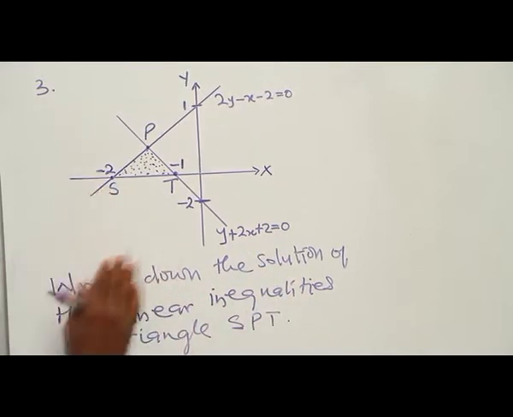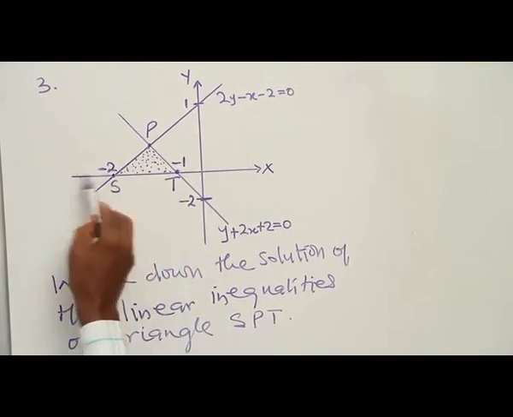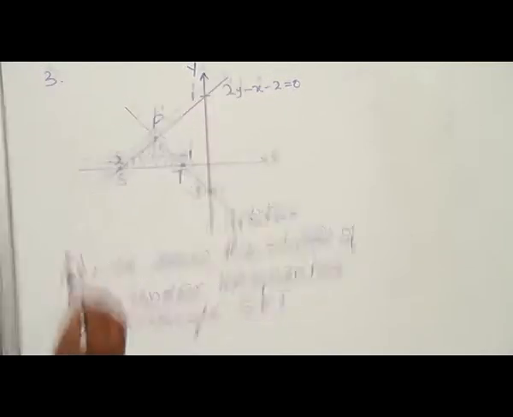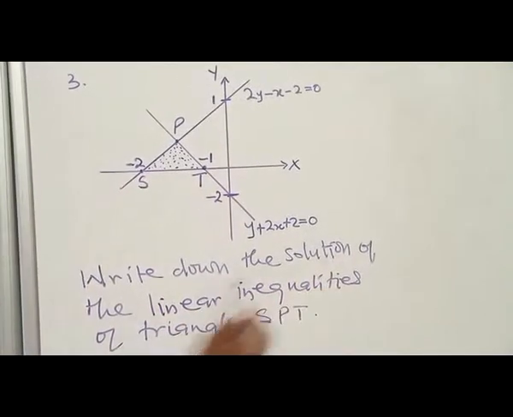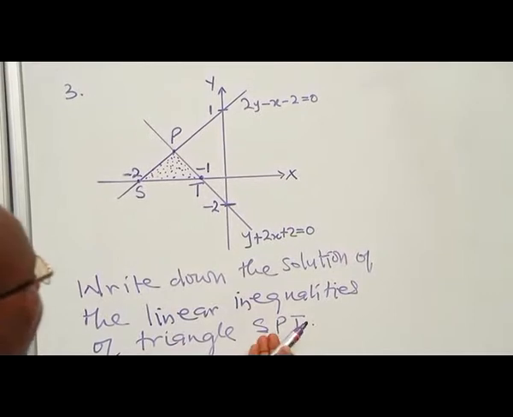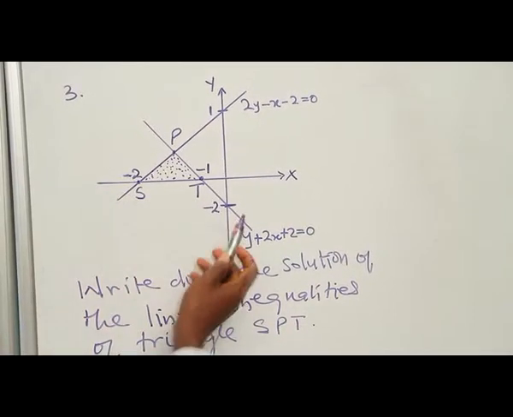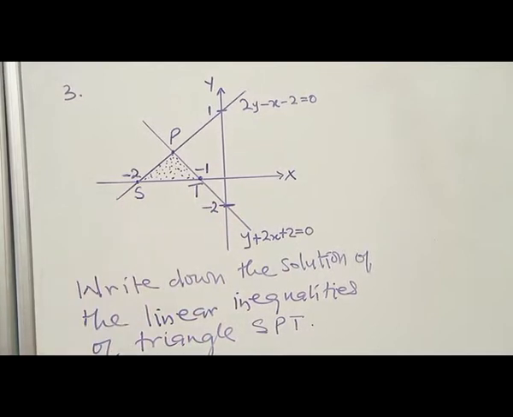There is a region that is bounded by this line, and this line. They now want you to write down the solution of the linear inequalities of triangle SPT. What are those equations of those lines that are bounding the triangle SPT?